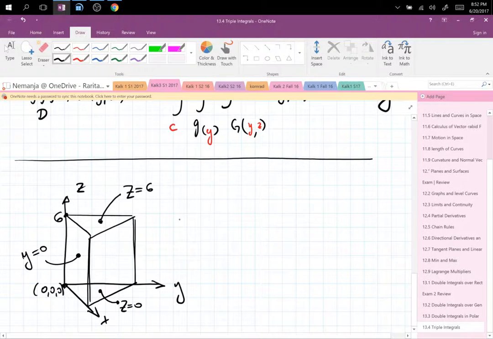The one in the back is in yz, which means x equals 0. And the one on the side, right, maybe I should say front, that's what we can see, is given as y equals 4 minus 2x.